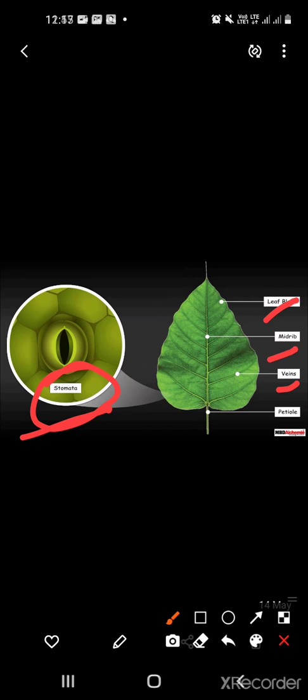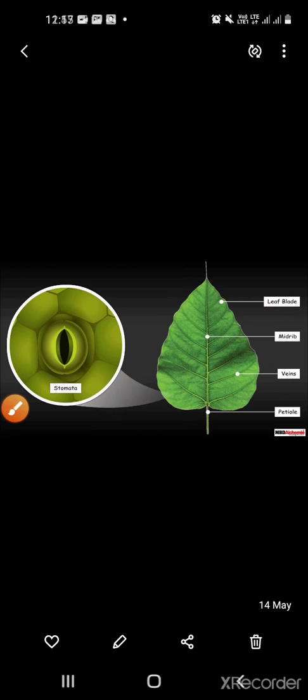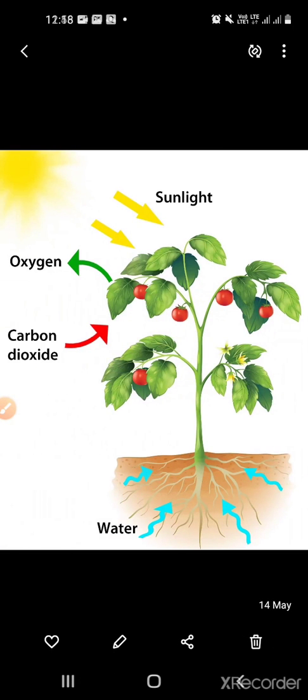So, the function of a leaf. What is the function of a leaf? Leaves are important parts of a plant. They perform the following functions for a plant, right? Leaves prepare food for green plants. How? The chlorophyll present in the leaves helps to trap sunlight. So here you can see the diagram.